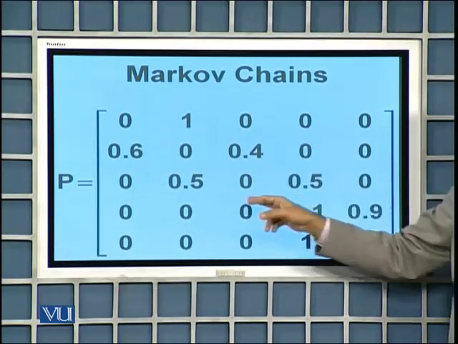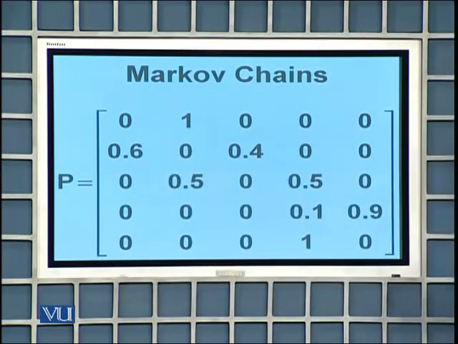So this sub-matrix corresponding to the 3 transient states is not a stochastic matrix, but the sub-matrix corresponding to the 2 recurrent states is a proper stochastic matrix of size 2 by 2.